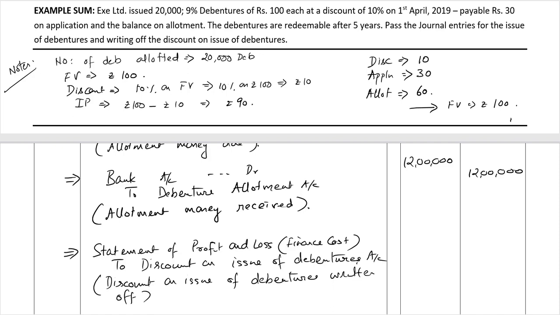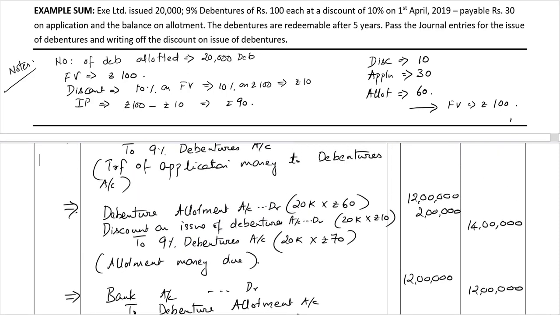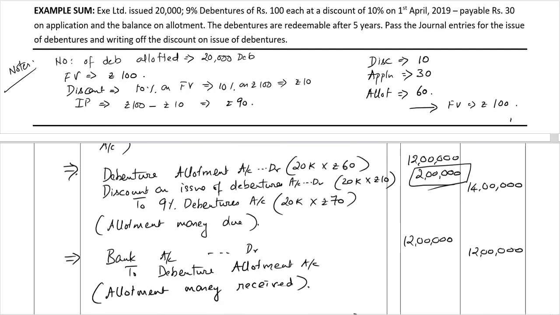The amount to be written off is the amount which is debited to discount on issue of debentures, rupees 2 lakh.